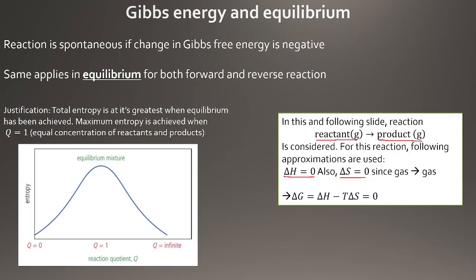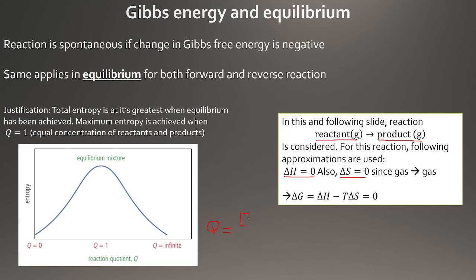So in the beginning we have only reactants there, so the reaction quotient is 0. And what on earth was reaction quotient? It was basically the equilibrium constant, but the reaction quotient is at a certain time. It might be exactly the equilibrium constant, or it might be bigger, it might be less.